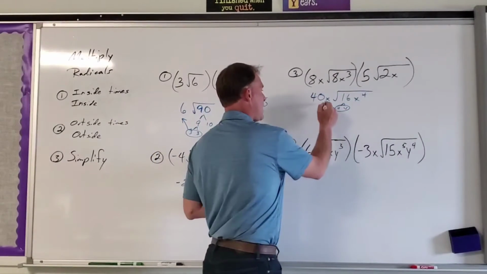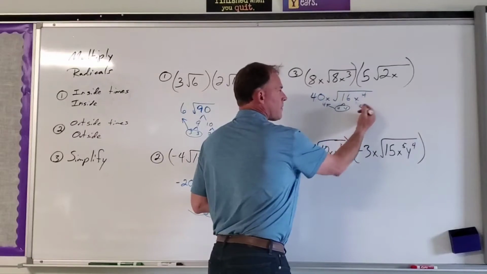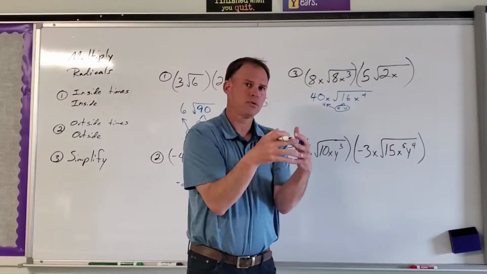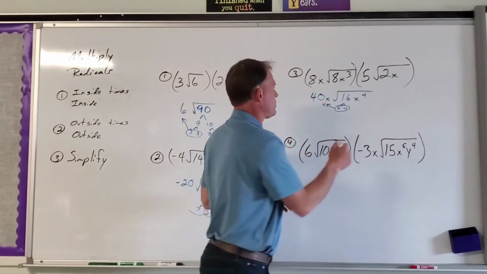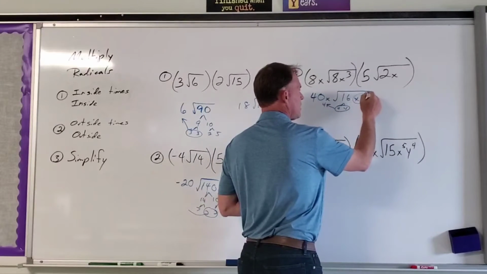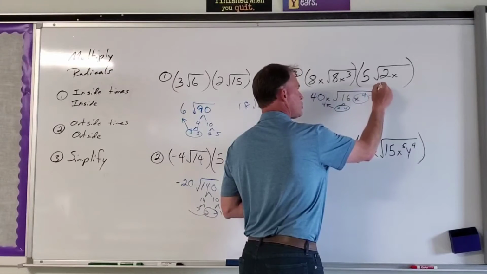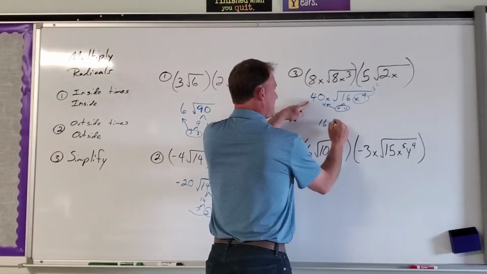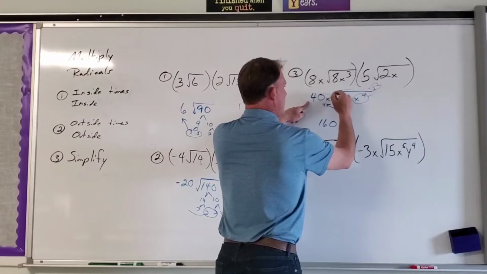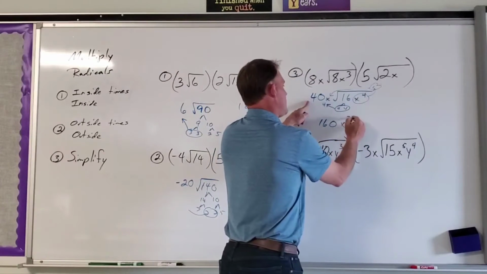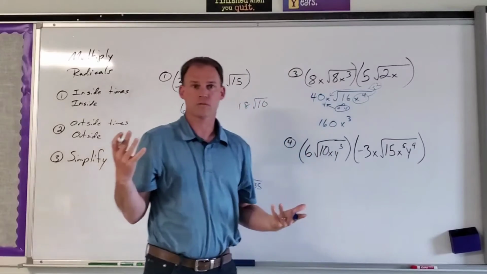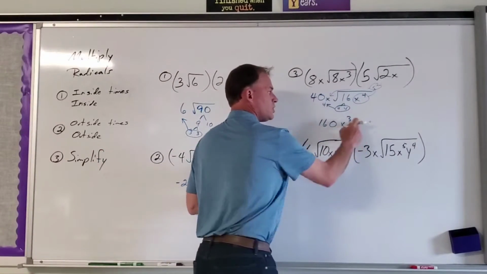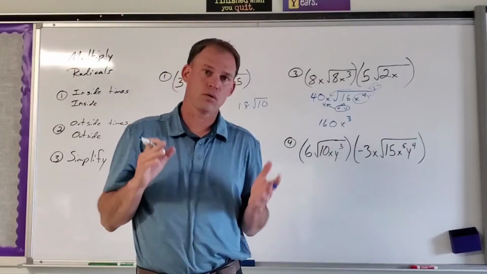There's a 4 that got out. Remember our exponent rules. We just take half of them because they're going to pair up, right? And then they're getting out. So this is going to be x squared on the outside. So I got the 4 coming out times 40 is 160. I got the x squared with the x that's already out there gives me x to the third power. There's my answer. Again, perfect square, even exponent, nothing left inside that radical.